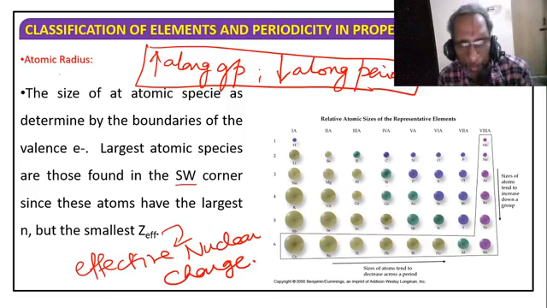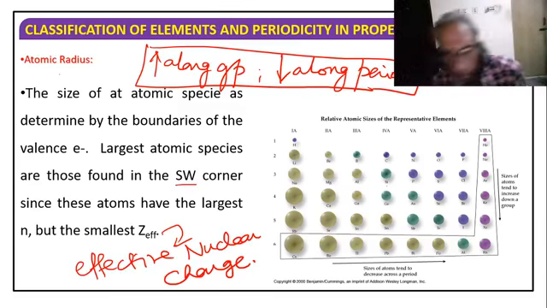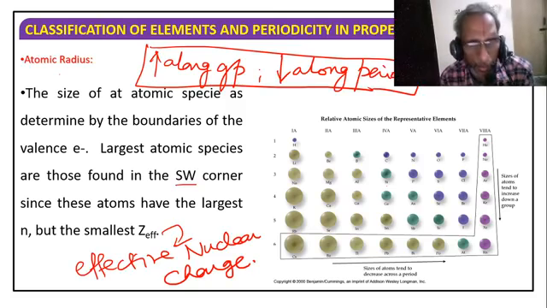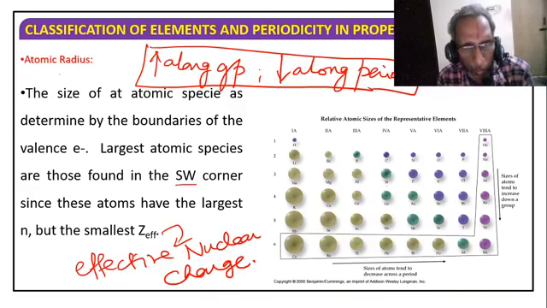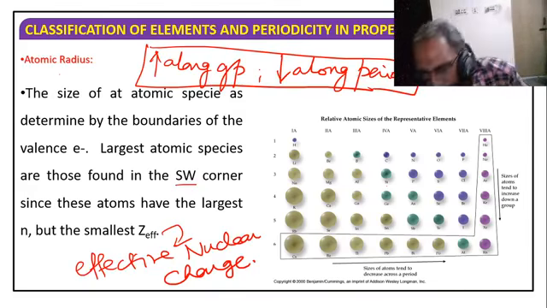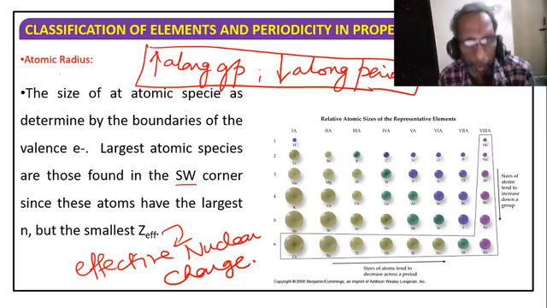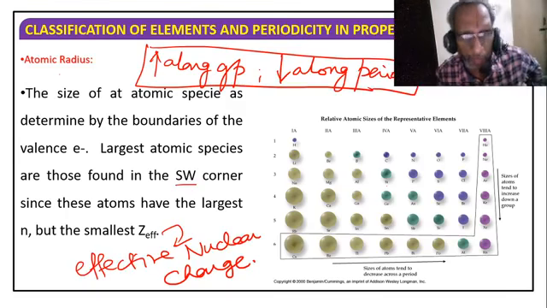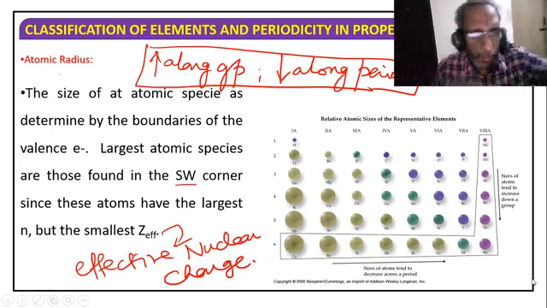What are the factors influencing radius, ionization energy, and electron gain enthalpy? For every trend, we will first define how the property varies along the group or period, what the reason is, and what the anomalies are. These are the essence of this chapter. With this, we can wind up today's class.